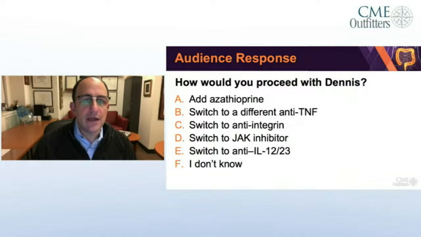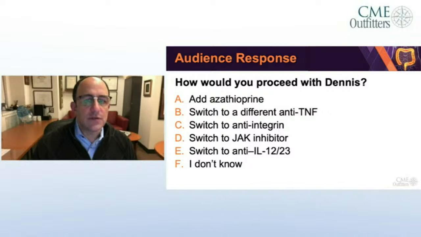So let me ask the audience how you'd like to treat this patient. Remember, he's on infliximab 10 mg per kg every 6 weeks, and he has a trough level of infliximab of 18 and is still quite severe and actively symptomatic. So your options: add azathioprine.